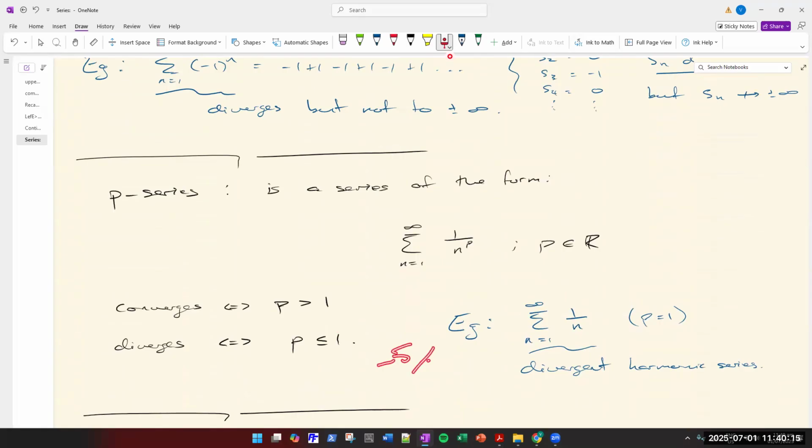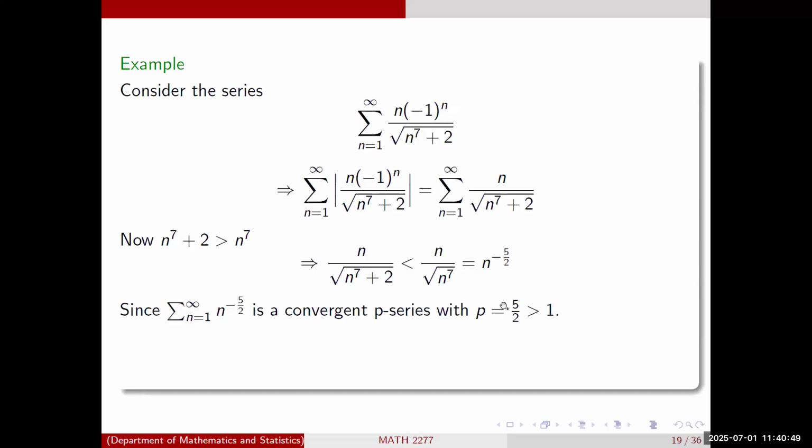So you're seeing minus 5 over 2. But remember, for a p-series, it has to be in this form. So when you see the summation of n to the power of minus 5 over 2, you need to write it as the summation of 1 over n to the power of 5 over 2. So p is 5 over 2, which is bigger than 1. Therefore, it converges. So the value of p is not minus 5 over 2. It's positive 5 over 2.